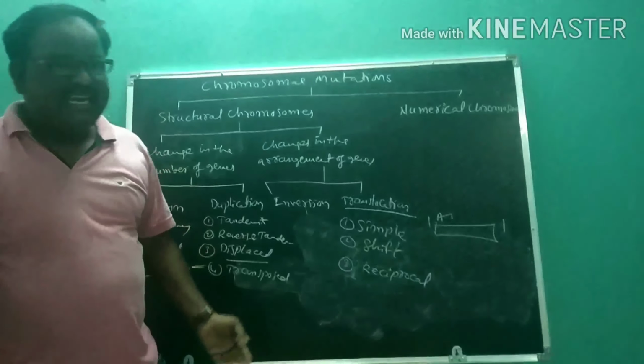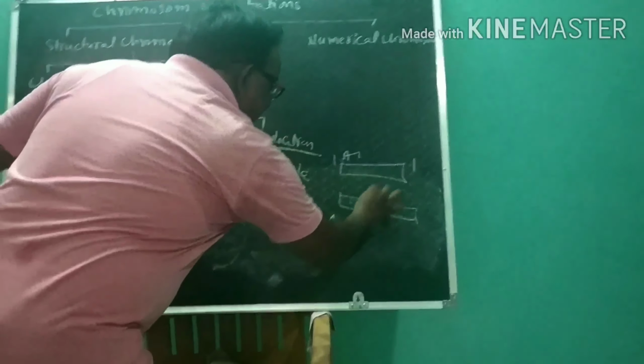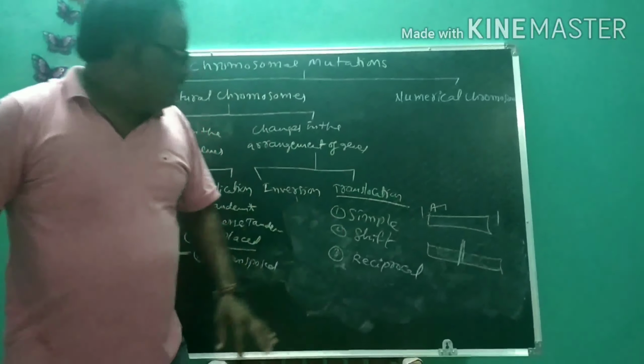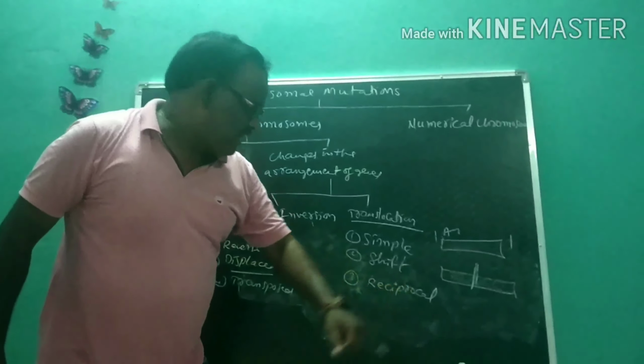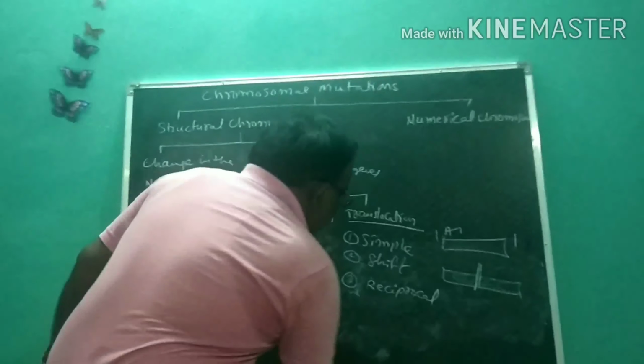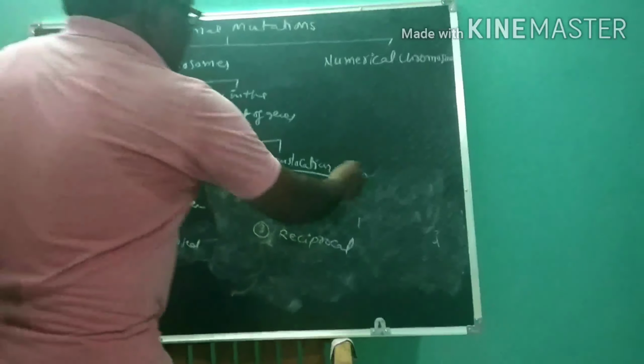The second one is shifting, where a segment shifts within the same chromosome, interstitially. That is called shift translocation. The third one is reciprocal translocation, an interchange between two non-homologous chromosomes.